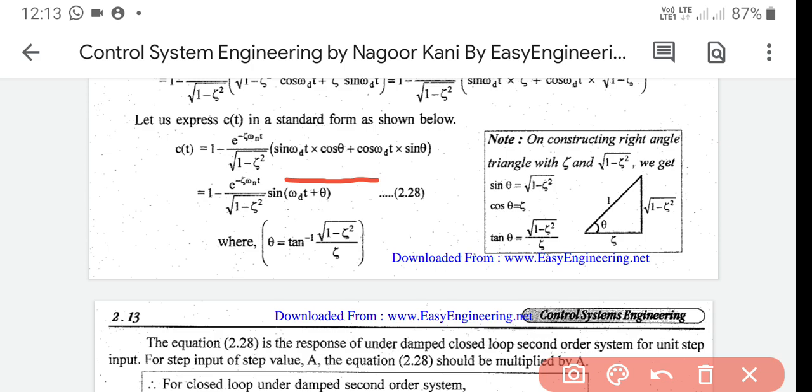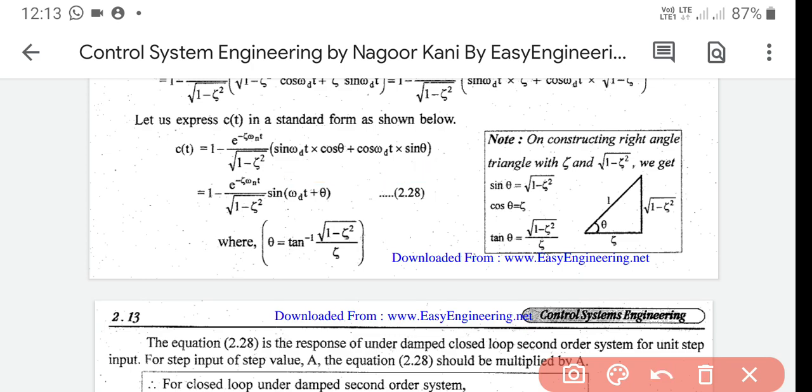Zeta can be written as, from the right angle triangle, cos theta. Okay, and plus cos theta, cos of omega d t plus sin theta can be written as the square root of 1 minus zeta square. Okay, so now finally by using the right angle triangle you have converted this expression like this. Okay, so what is the next expression?